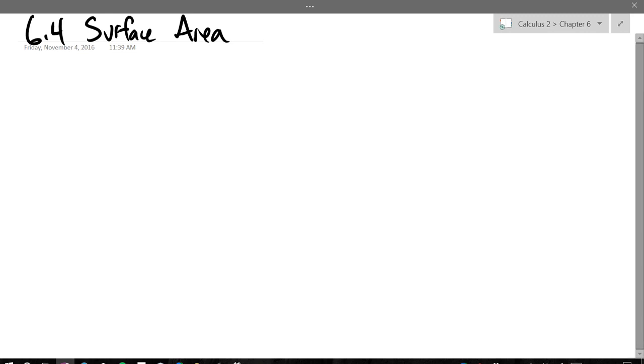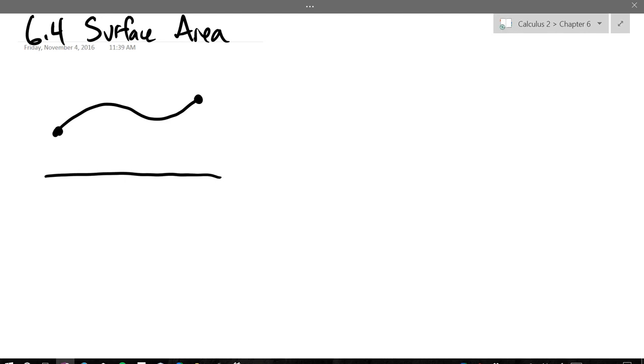So we'll start out with some pictures. Let's start out with a curve, kind of like we started all the other ones. We just learned about arc length. So if I wanted to get arc length, I would break it into a bunch of small pieces, and they would be line segments.